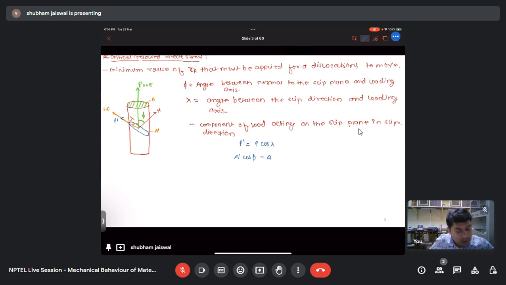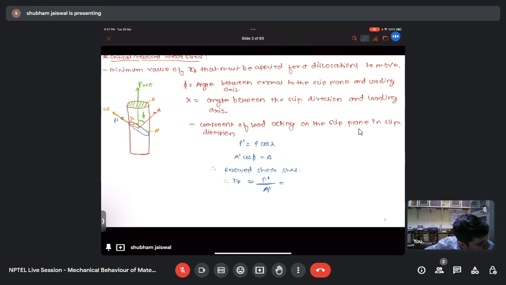Now if we find the shear stress acting on that slip plane, the resolved shear stress tau r is nothing but the load acting on the slip plane divided by the area of the slip plane, that is A dash.